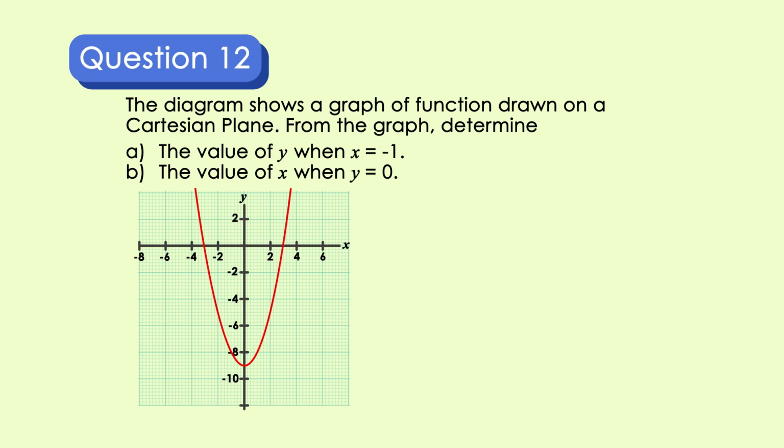Next question. The diagram shows a graph of function drawn on a Cartesian plane. From the graph, find the value of y when x equals -1 and find the value of x when y equals 0. You can do it first and we will discuss it again in a while.